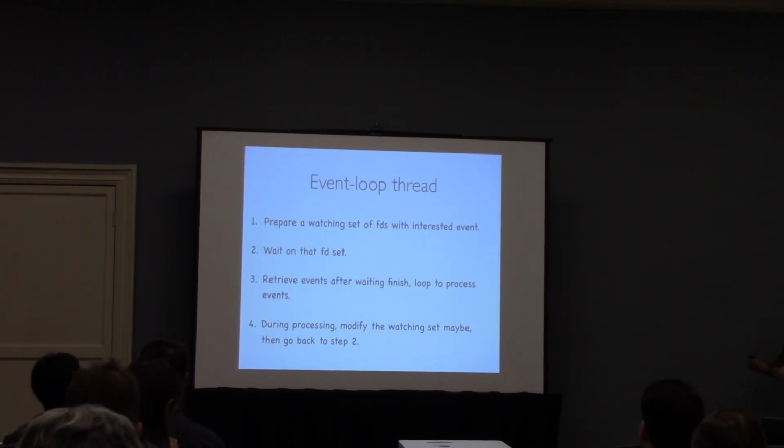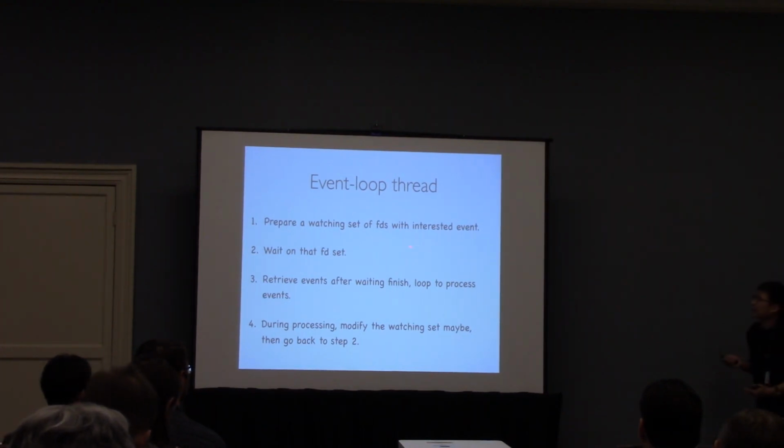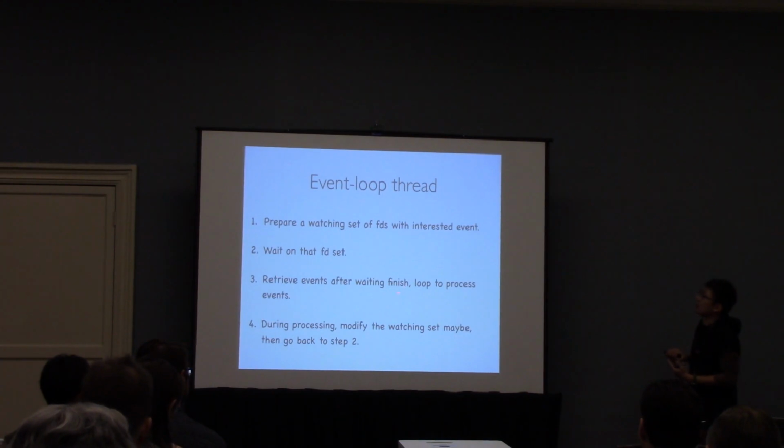How to process concurrent I/O operations with only one OS thread? First, you have to prepare a set of interest file descriptors. For example, you open 50 sockets, and you are interested in all of the 50 sockets. Now you add all the sockets to, for example, an epoll fd or the kqueue fd, something like that. After the wait returns, you can retrieve the events and loop to process all the events you receive.